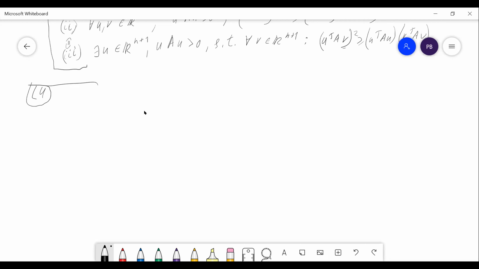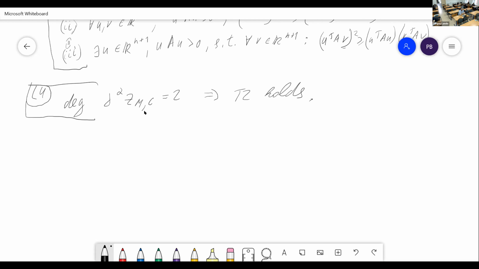I want to induct by the degree of this polynomial. And first I want to prove that in case of degree 2, the assertion of the theorem holds.